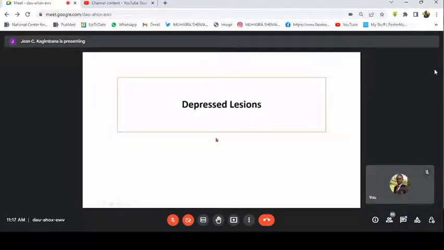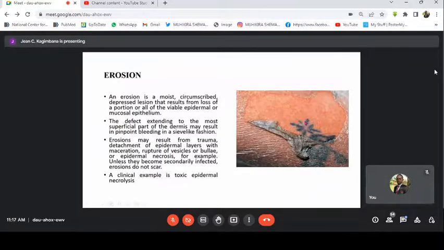Now, lesions may be depressed. Erosions: a superficial burn.